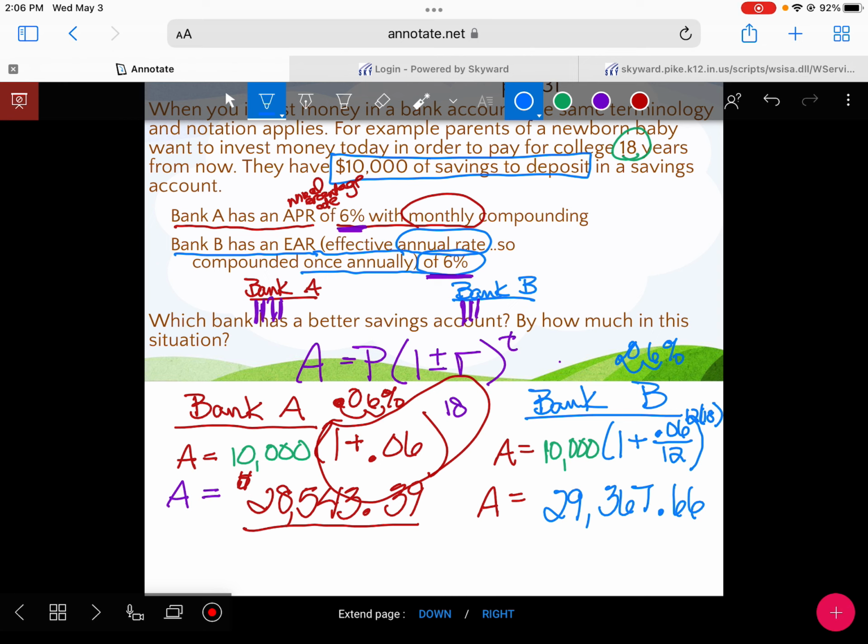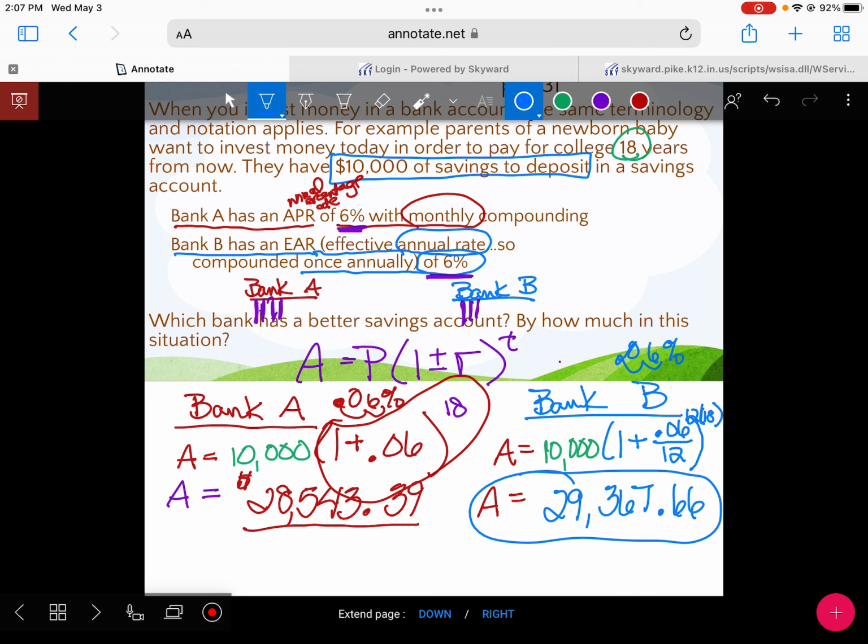So, which is the better bank? Which is going to get you more money? B. B bank is going to get you more money. And it says by how much in this specific situation? How would I figure out by how much? Subtract.